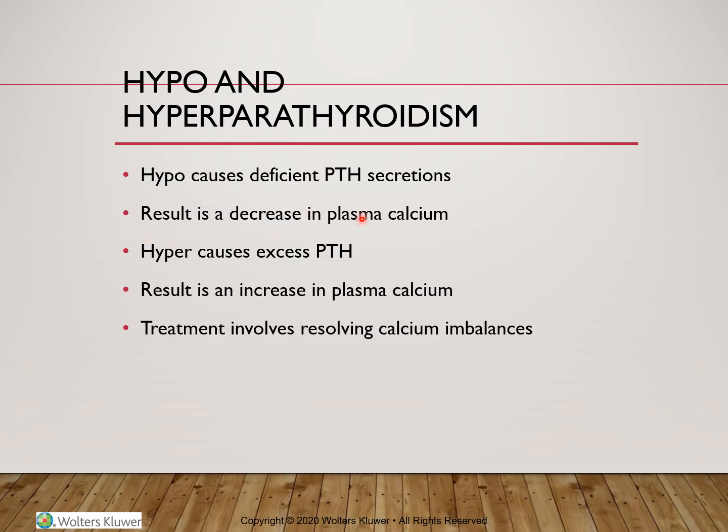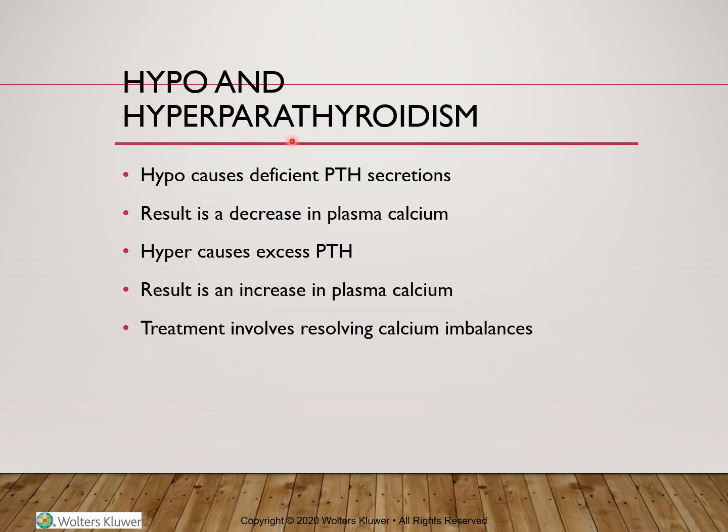Patients without PTH will not be able to stimulate the release of calcium from the bone stores into the ECF to increase calcium levels. So no PTH equals low circulating plasma calcium.